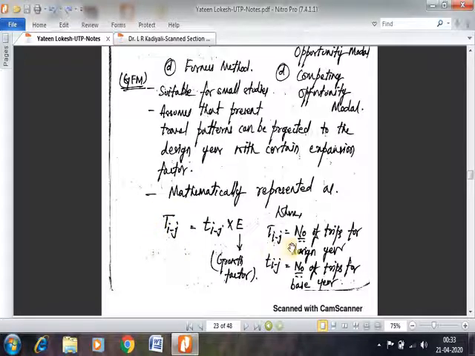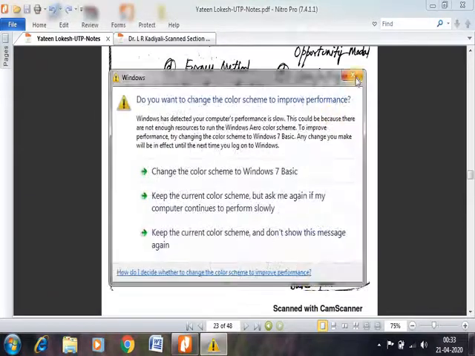This capital Tij is the total number of trips for the design year that will happen in future. So if we want to estimate the total number of trips that will happen in future, we need to multiply the present number of trips with a suitable growth factor. Capital Tij is the number of trips for the design year, small tij is the number of trips for the base year.